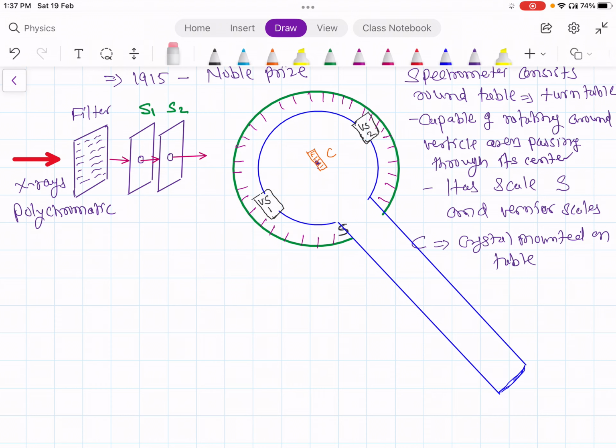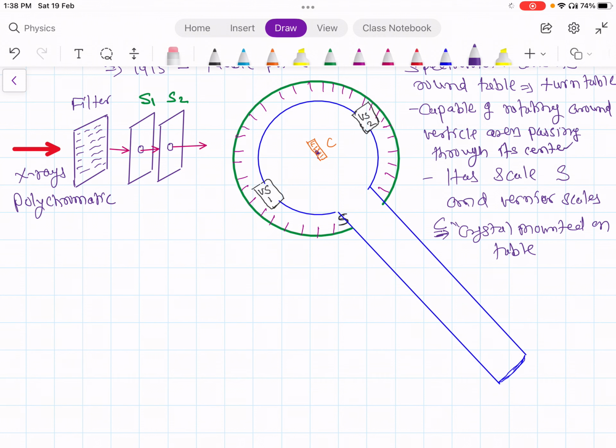Let me modify this. Here is the C. C is the crystal. So this side arm is attached to the turntable. Let me write here: side arm is attached to the turntable.